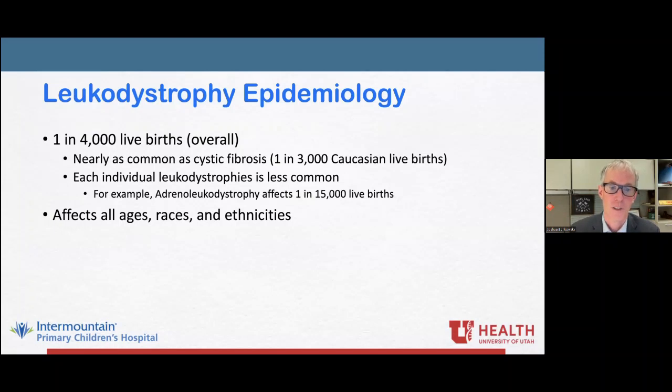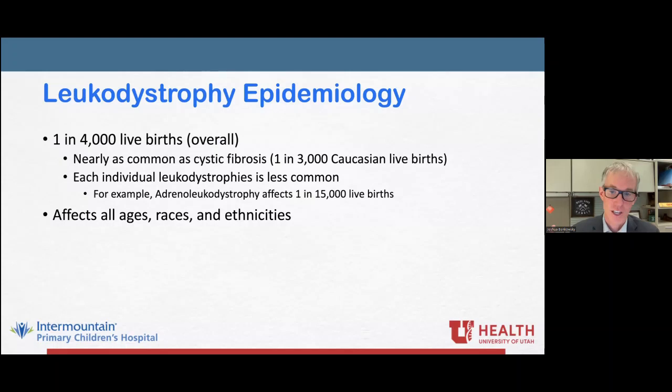For example, X-linked adrenoleukodystrophy, which is probably one of the most common of the leukodystrophies, is 1 in 15,000 live births. As a way to think about this, I work in Utah at Primary Children's Hospital, and with ALD, one of the more common ones, we're seeing about 4 or 5 new babies a year, and that's because the birth rate in Utah is about 50,000 births a year.